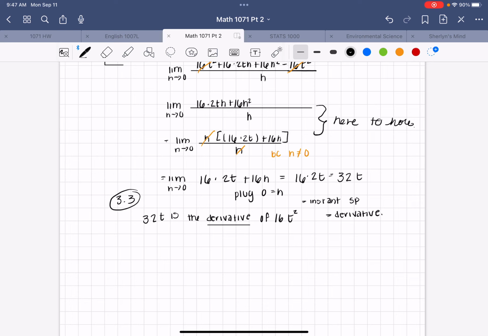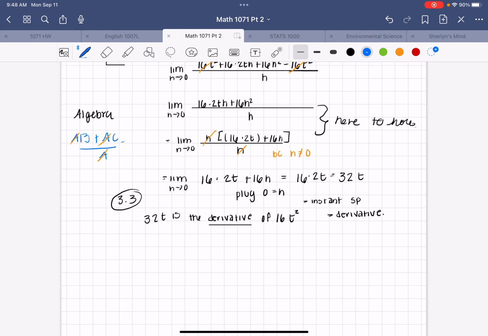If you've got AB plus AC over A, the following is correct. You can factor an A out and cancel with the denominator, so that equals B plus C. That is correct. Here's the mistake.